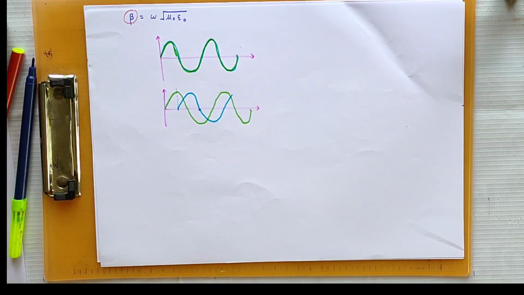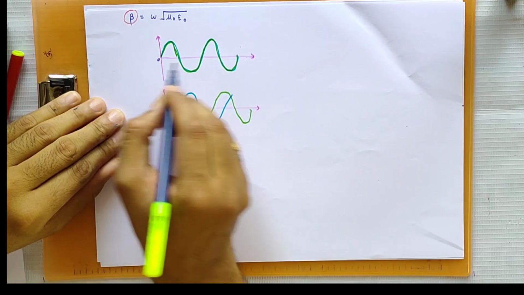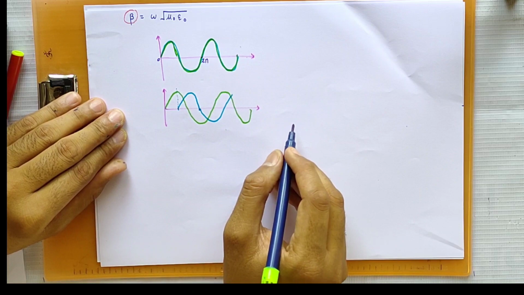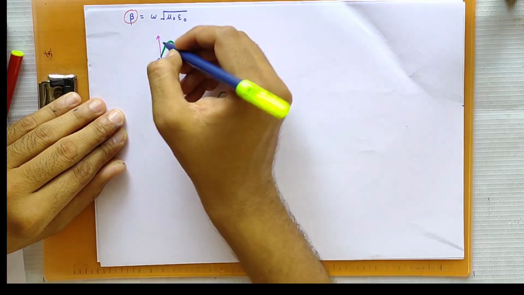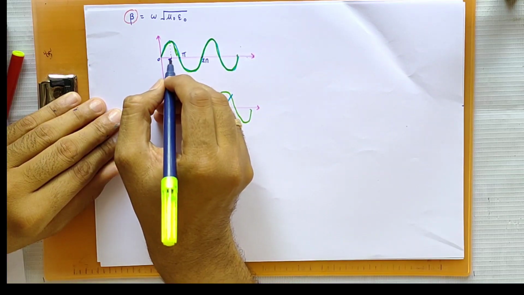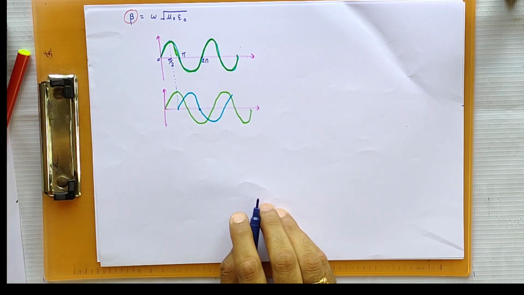Here the phase difference is exactly 90 degrees. How is it 90 degrees? We know that here is 0 degree, this one is 2 pi, meaning 360 degrees, and here is pi, 180 degrees. So this one is exactly pi by 2, 90 degrees. So the phase difference between these two signals is 90 degrees.